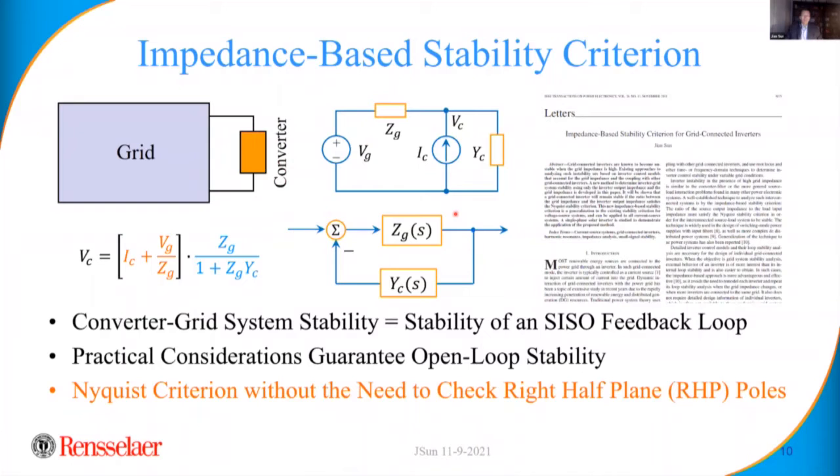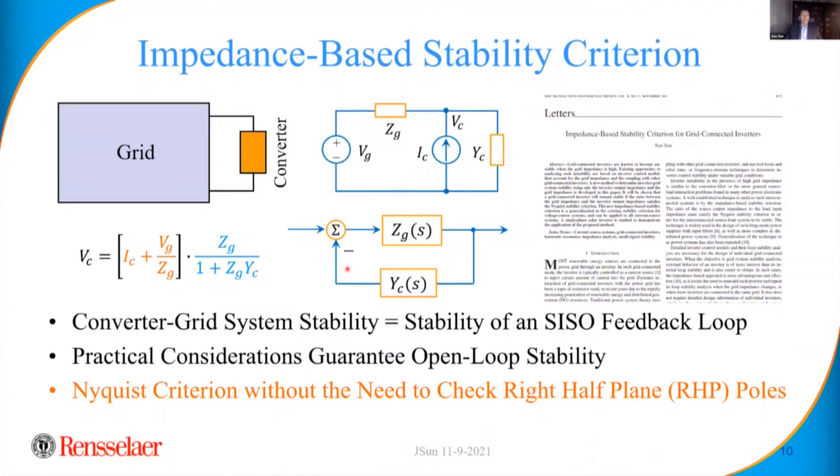So that makes an interesting association between an electrical system of converter and grid with a simple feedback loop. What that means is that stability of the converter connected to the grid is, in the small signal sense, equivalent to the stability of a single-input, single-output feedback loop in this form. That's the kind of idea I presented almost exactly 10 years ago in this short letter.